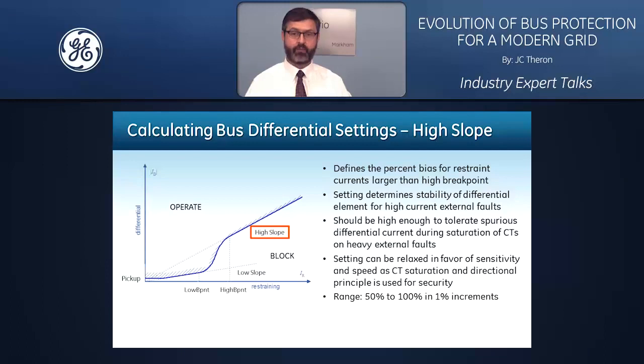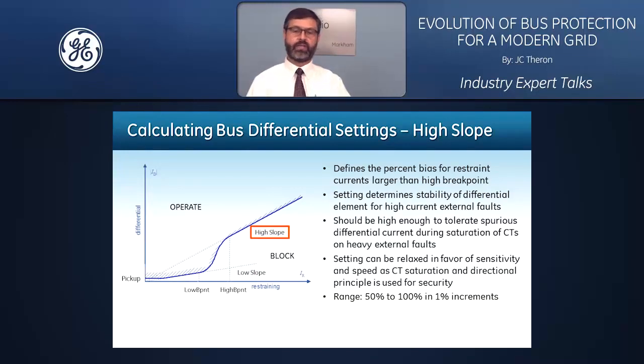Then the high slope defines the percentage bias to restraint for current larger than high breakpoint. In other words, it is our area above our high breakpoint, to the right of that. And this setting determines the stability of the differential elements for high external fault currents. And this should be set high enough to tolerate spurious differential currents during saturation of CTs on heavy external faults.